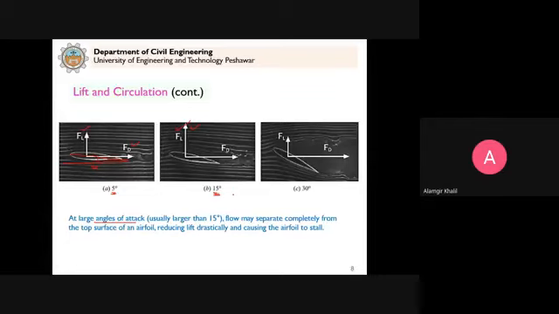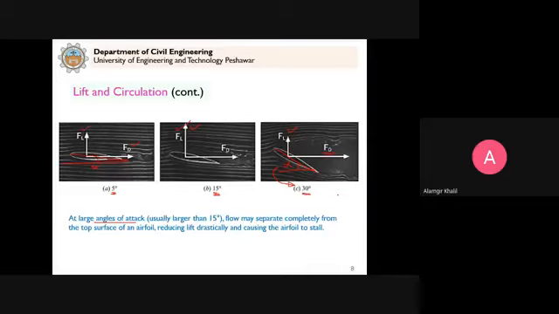This is not the case, because after reaching some limit or range, if we increase the angle of attack further, you see here it is 30 degrees. This is, for example, the chord here, and this is the angle of attack, and this is 30 degrees. In this case you can see that as compared to 15 degrees, the lift force has reduced and the drag force has increased.